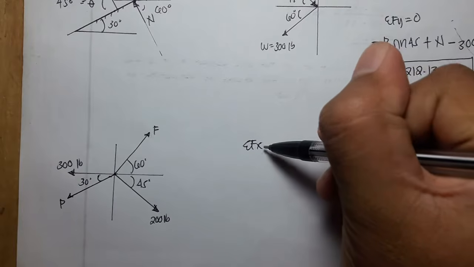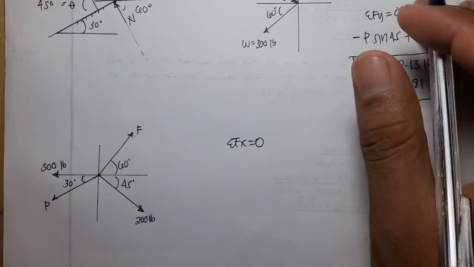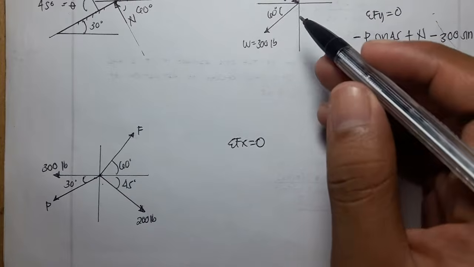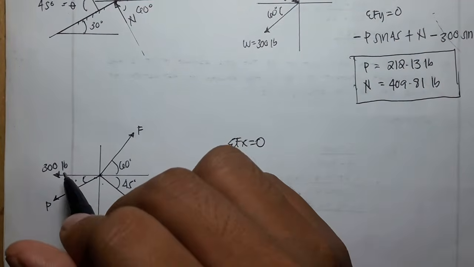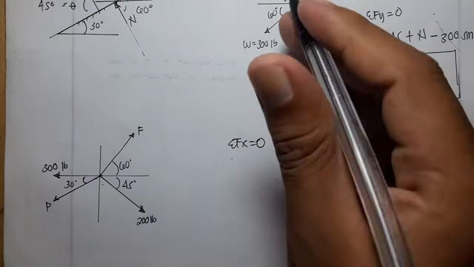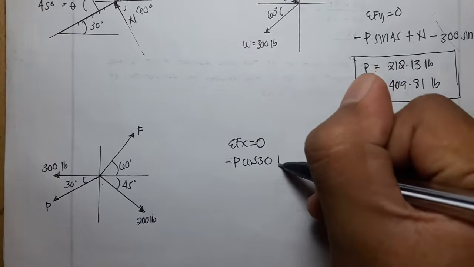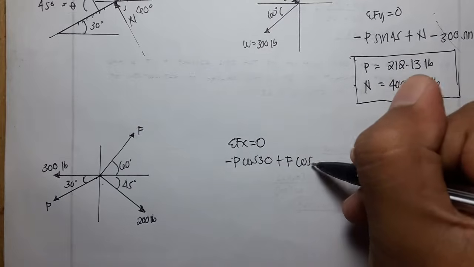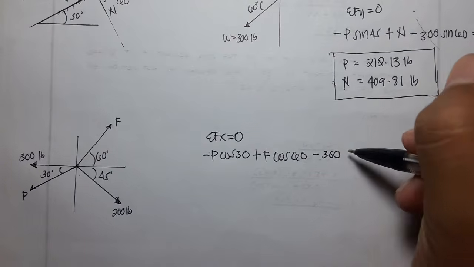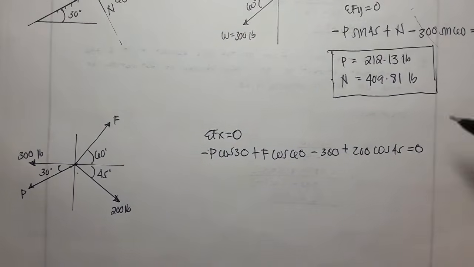So summation of forces x. So you will not need anymore to make FBD, because as you can see, this is already an FBD of a system. So summation of forces x, first we would like to put the unknowns. So negative P cosine of 30 plus F cosine of 60, then minus 300 plus 200 cosine of 45 equals to 0.